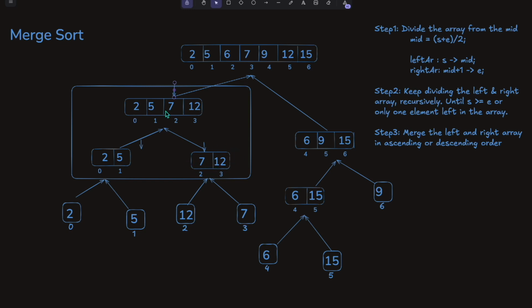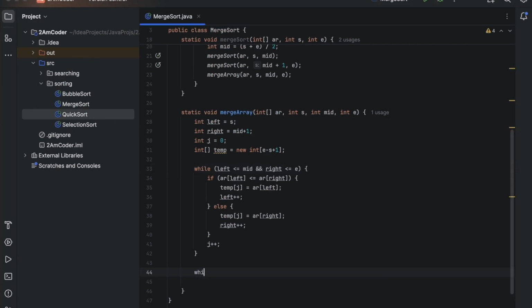We can directly place it in the upcoming indexes of the temporary array, similarly to how we have done here. When left is less than or equal to mid, when values are left in the left array, increment the value of left, increment the value of j.